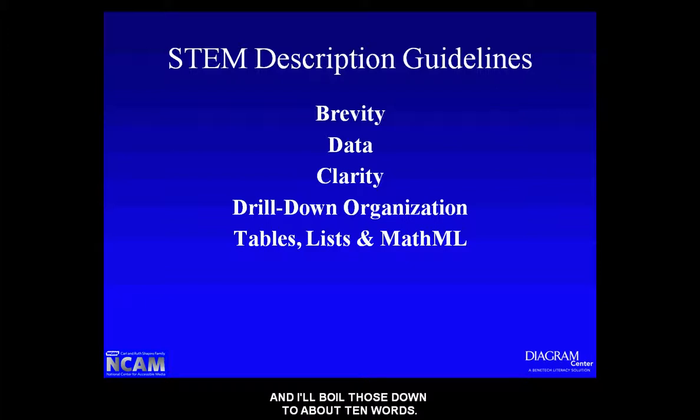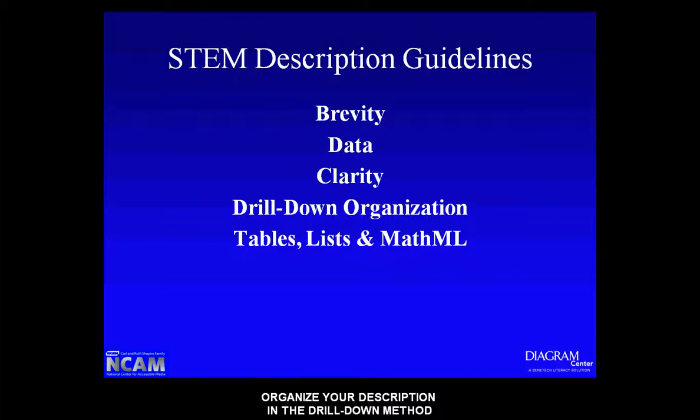And I'll boil those down to about 10 words. Be brief. Focus on data and not extraneous visual elements. Be sure that your descriptions are written in a clear way, because someone is relying on the words you're writing because either they can't see or can't access the image.